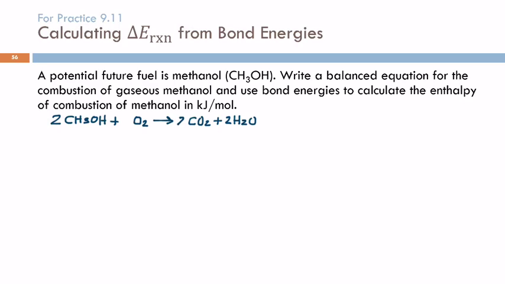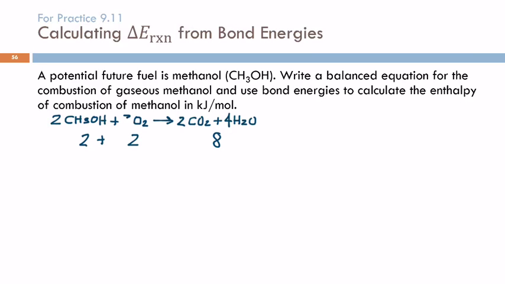Then I need a 2 in front of the CO2 for the carbons to be balanced. And I need a 4 in front of the water for the hydrogens to be balanced. Because I've got a total of 8 hydrogens, and now I've got 8 hydrogens. Now let's look at the oxygens again. Here I've got 2 times 2 is 4, and 4, we've got 8 over here, and now we've got 2 plus 2.